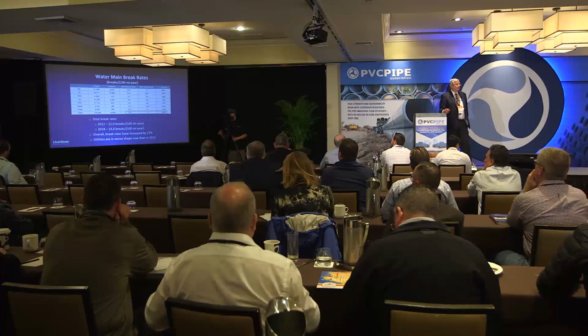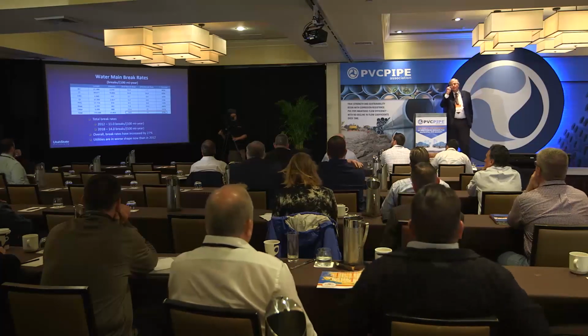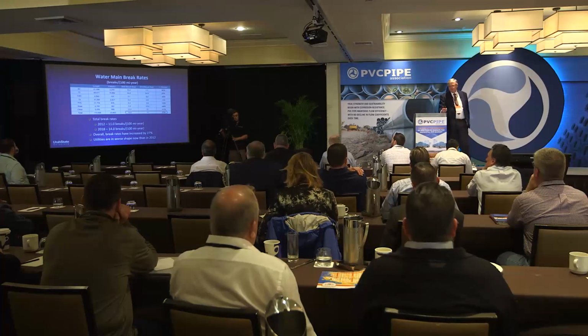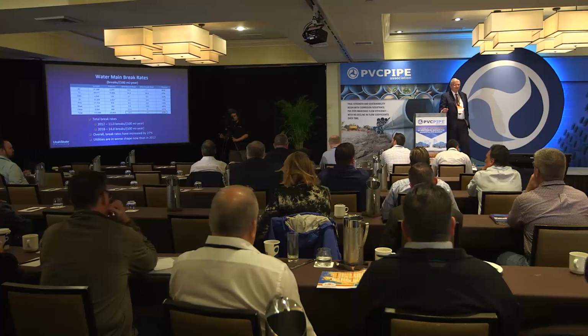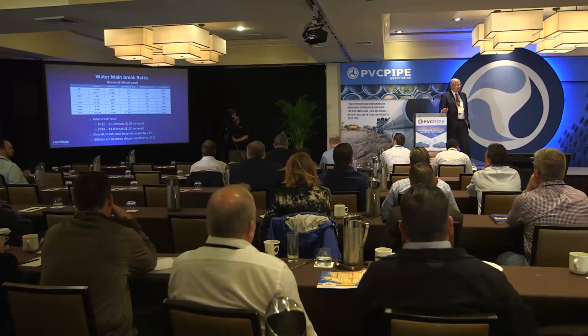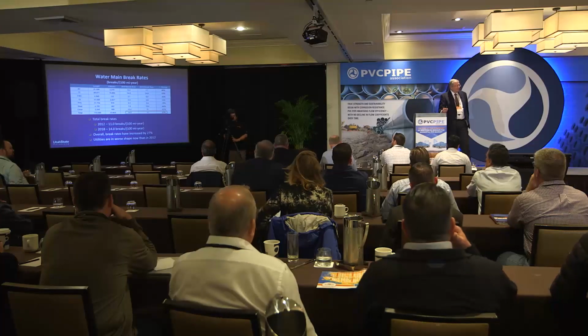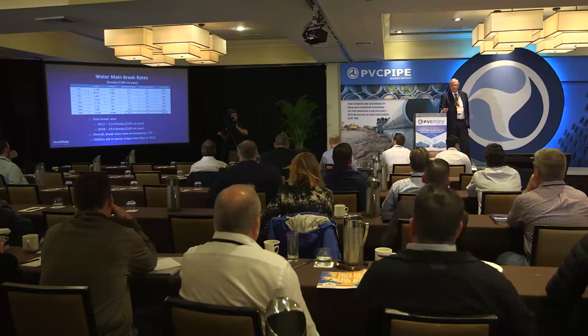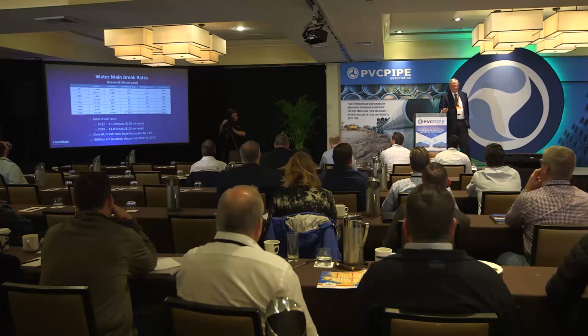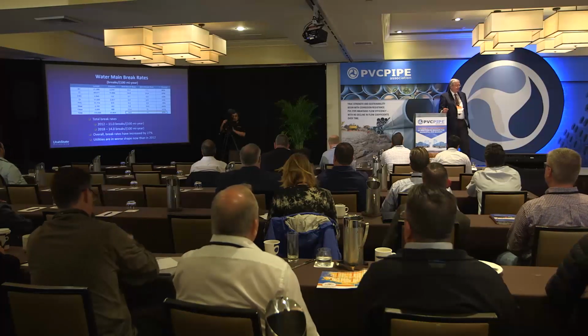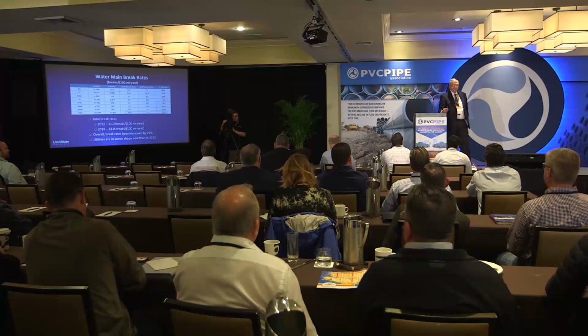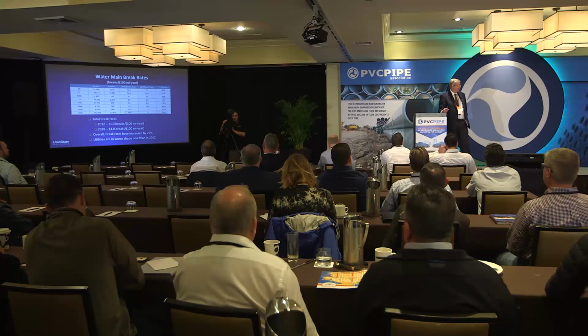Now, a lot of people think with the ASCE survey that said we went from a D- grade on water infrastructure to a D, things are getting better. I beg to differ. We are not getting better, we are getting worse. Water main failures are not going to improve in the near term, not at all. We're looking at increases overall.